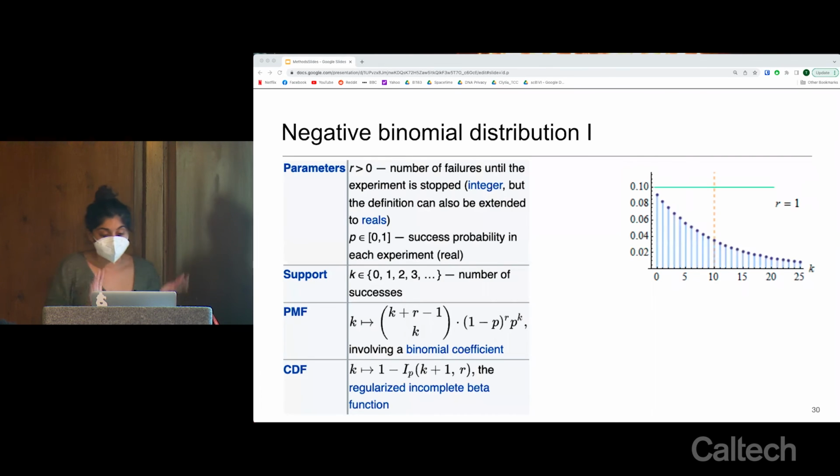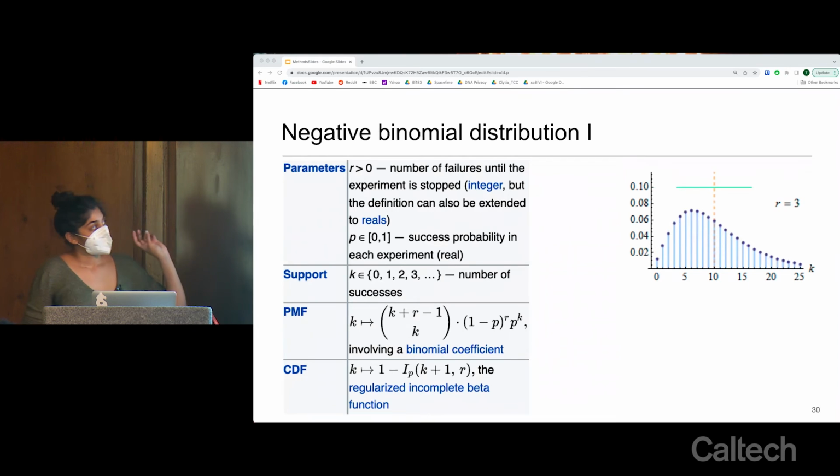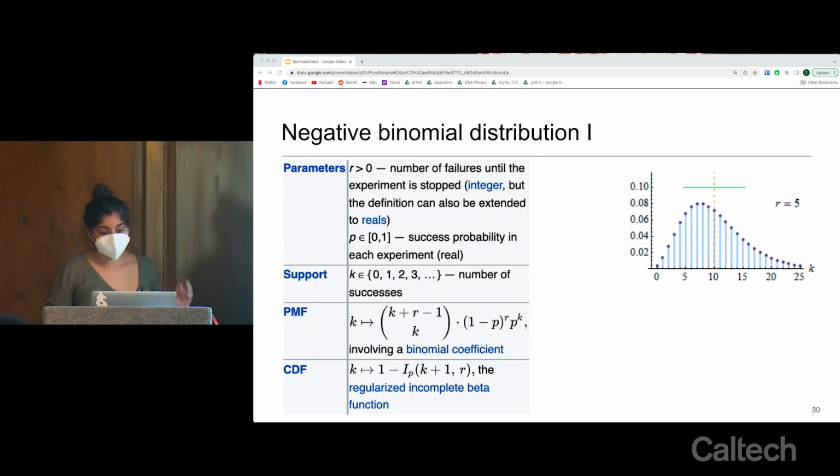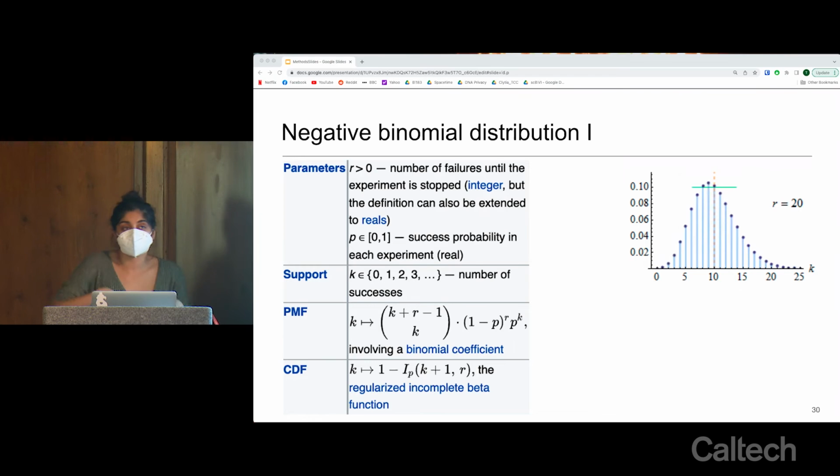So the other distribution that I'm going to talk about very briefly is the negative binomial. I'm going to first start with the more generic definition, and then I'm going to talk about why it makes sense for the biological setting that we're in.